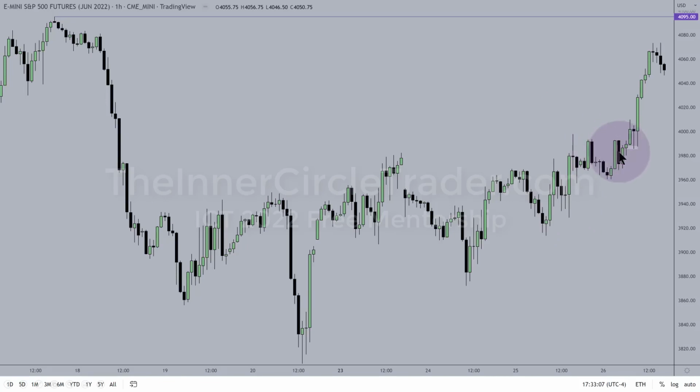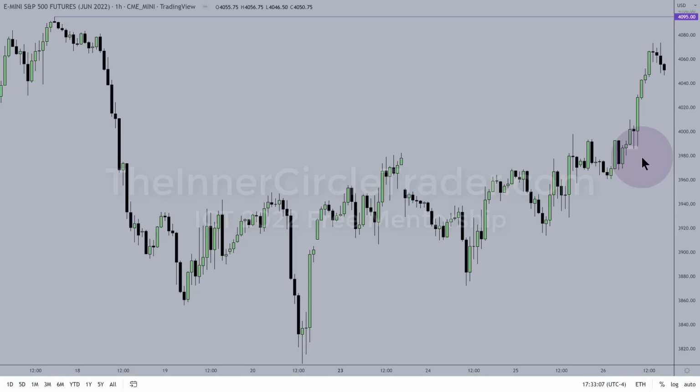Consolidate. We rally, come back down into the smaller time frame fair value gap, SMT divergence, and rallies, and keeps pressing higher and higher and higher. So my question to you is, how many of you first didn't listen to me when I said don't trade?